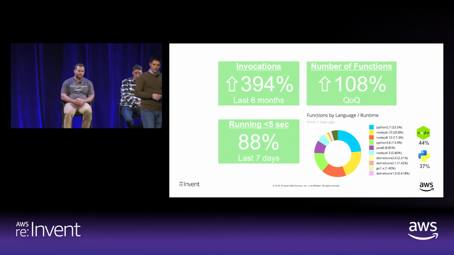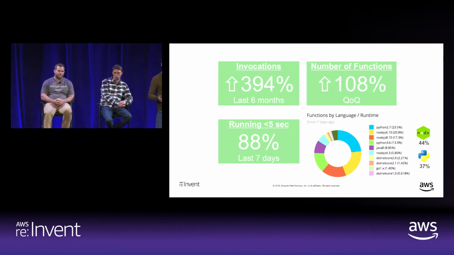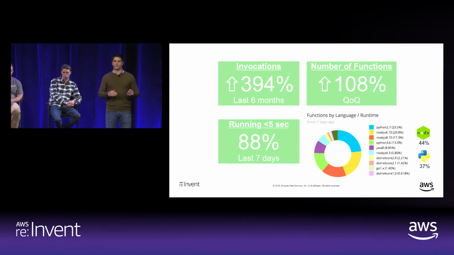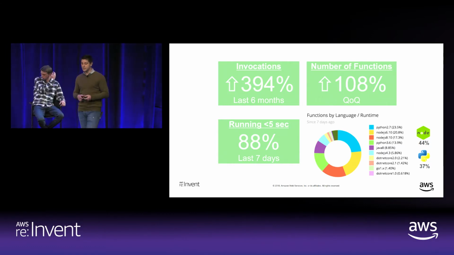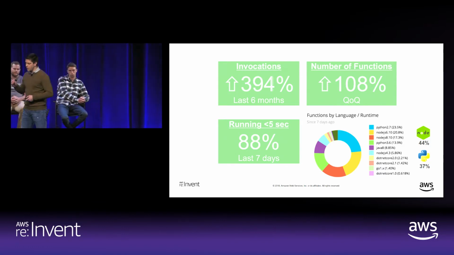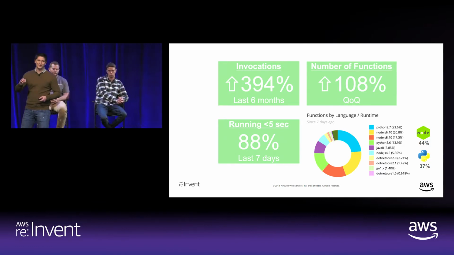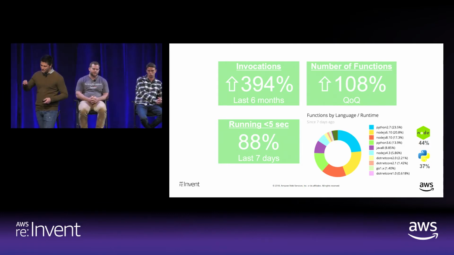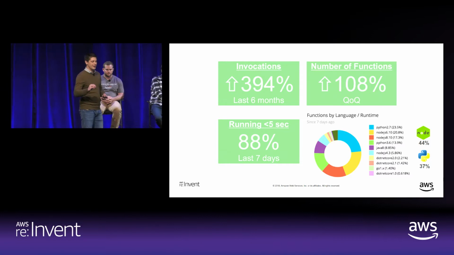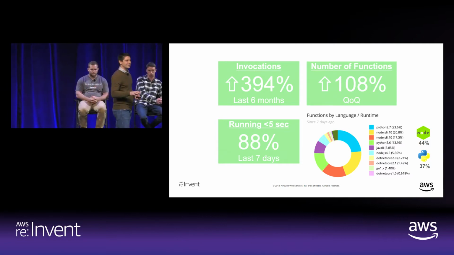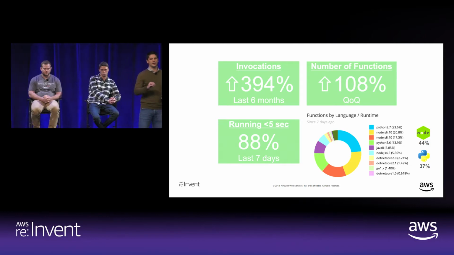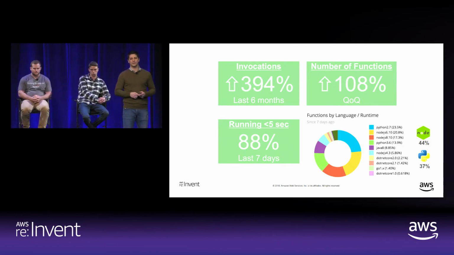I want to just show some data to exemplify the level of adoption we're seeing from serverless lately. This is data that I've been collecting for the last year, but we're data nerds at New Relic, so I just captured the ones that I think are more interesting to share with the audience today. The first one I want to talk about is the staggering growth that we see in terms of invocations of Lambdas.